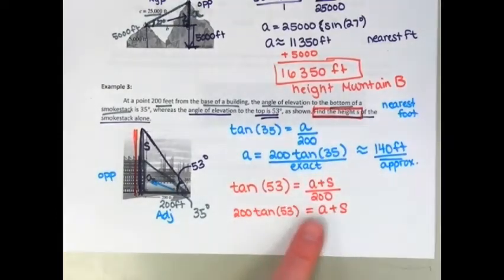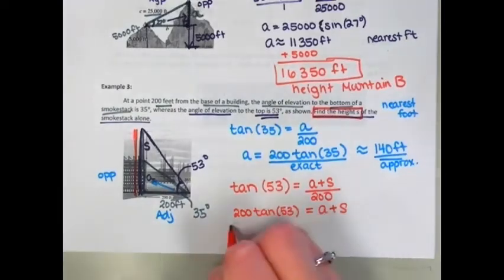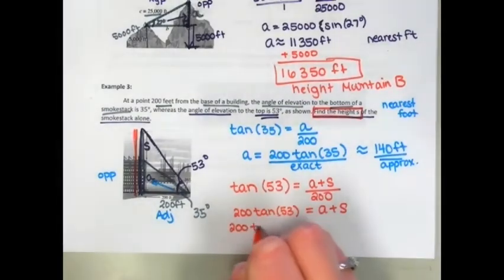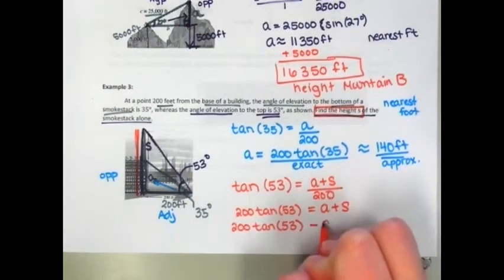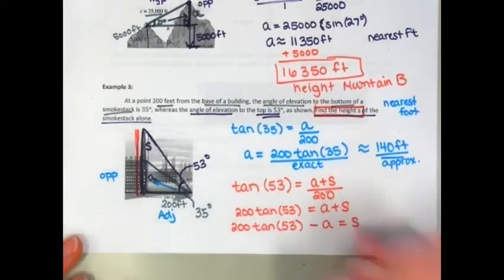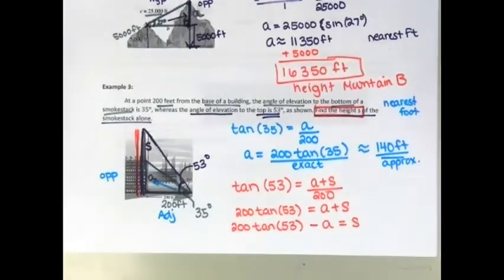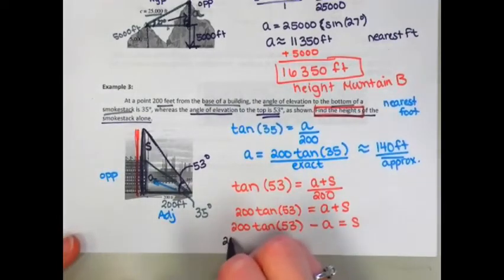S. So how could I move A to the other side? Couldn't I just subtract it? So couldn't I take 200 tan 53 minus A would equal my S? Well, do we know what A is? Yeah, so could I substitute what A is? Yeah, what is the exact answer for A?